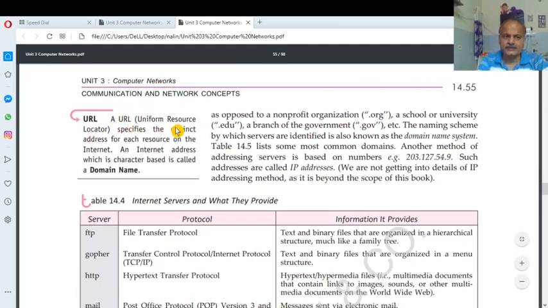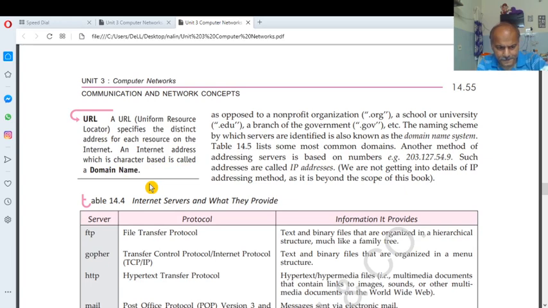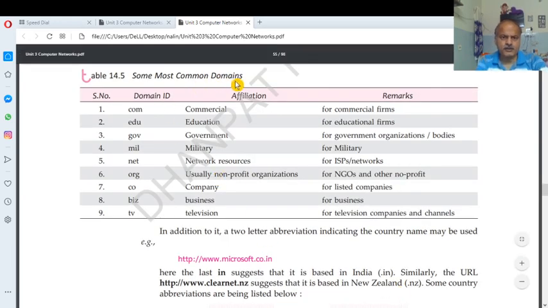A URL, uniform resource locator, specifies the distinct address for each resource on the internet. An internet address which is character based is called a domain name. Some most common domains: domain ID, affiliation, remark. .com means commercial, for commercial firms. Edu, education, for educational firms.